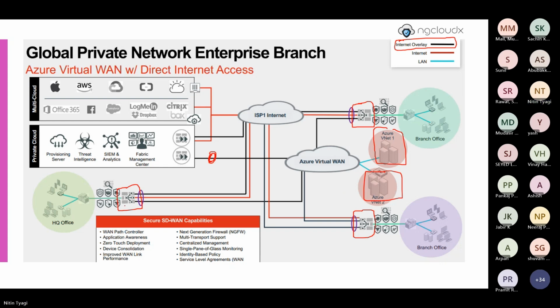Now you can build the fabric with your Azure Virtual WAN. You can build the fabric with other branches as well by using the internet. Okay. So this is also another way you can have your connectivity, and with the help of the direct internet access, you can build your fabric like this, right?